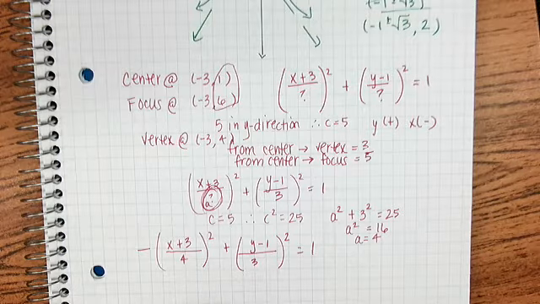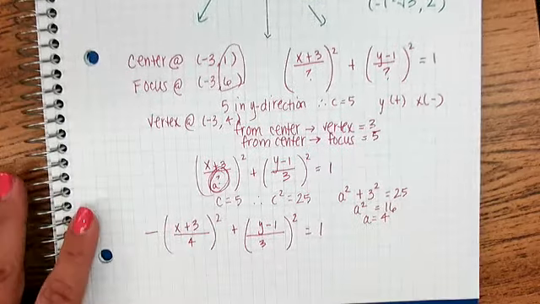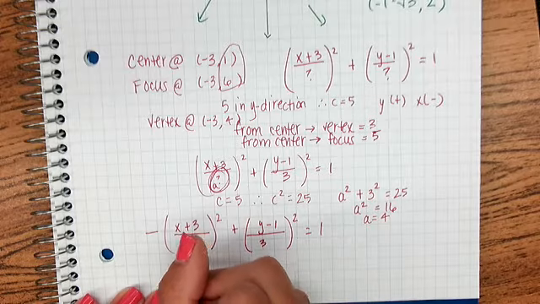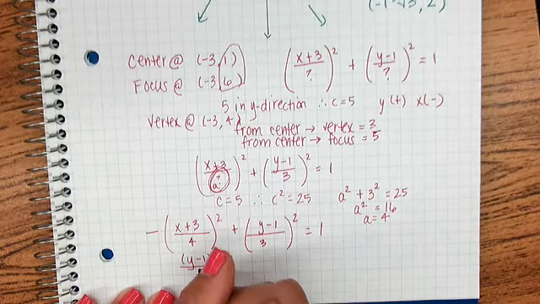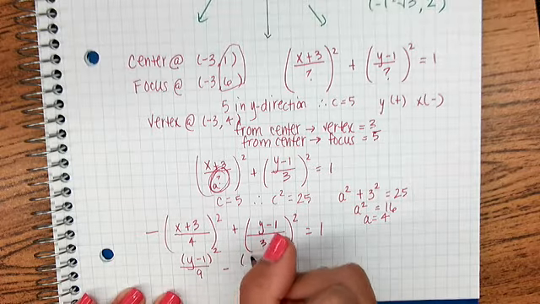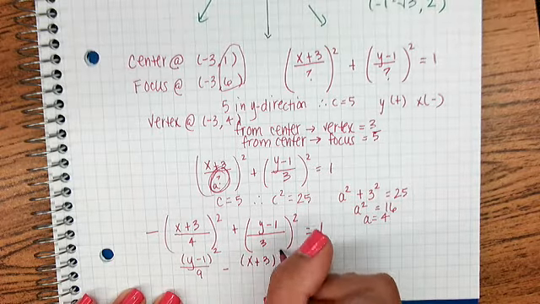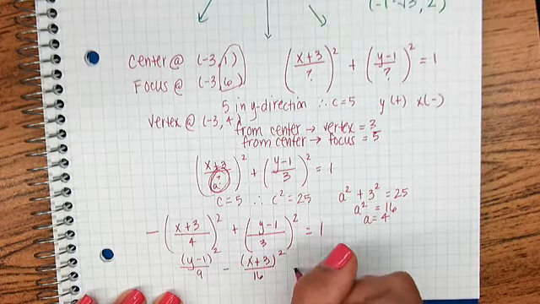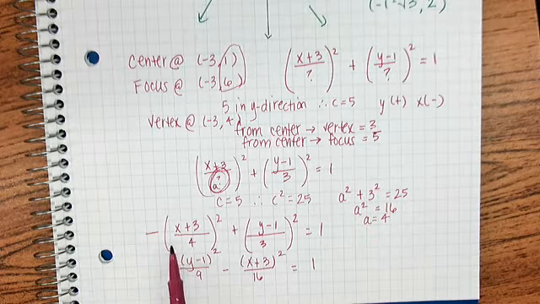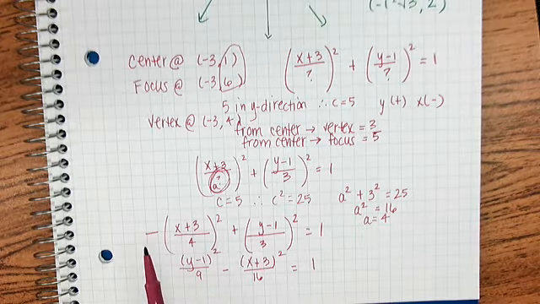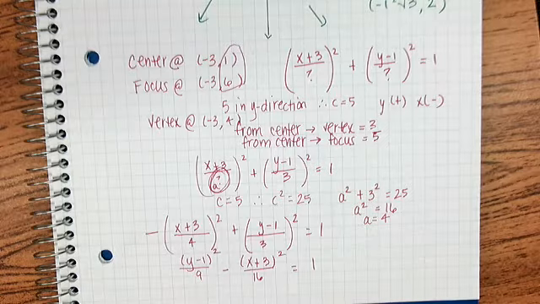It matters which one is negative. This is one way you can write it. If you want to write it as y minus 1 squared over 9 minus x plus 3 squared over 16 equals 1, that's totally fine. I don't care which one you do. I like to put it this first way because we're so used to x being first, so then you don't overlook the fact that it's x that's negative.